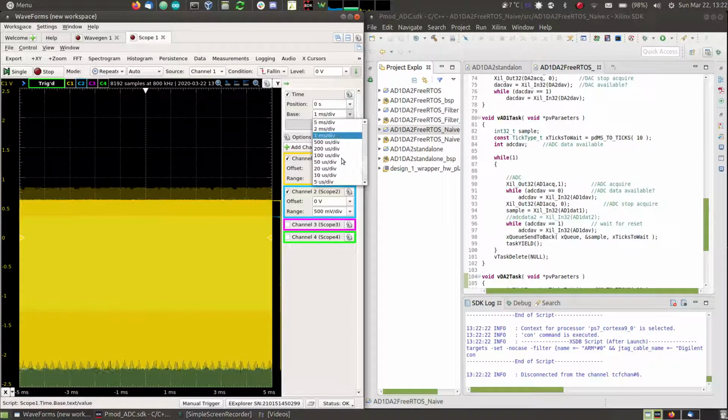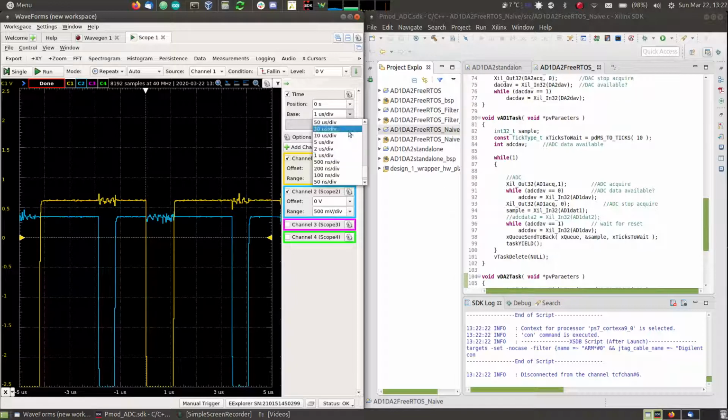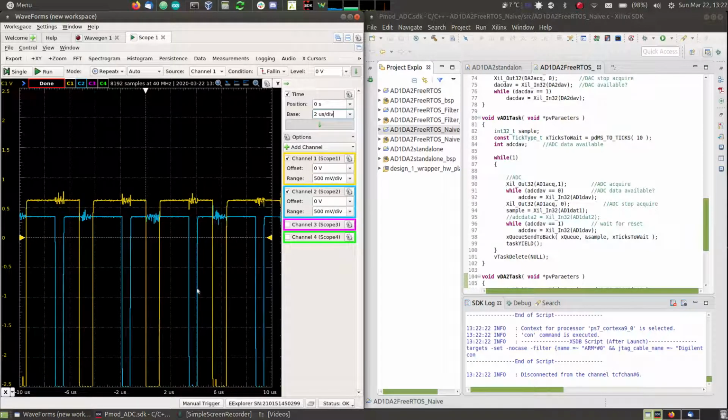And this time, the 1 microsecond division isn't enough to see a full period. So let's go to 2, and we can see that it's taking a little less than 6 microseconds. Actually, it's a little bit more than 5 microseconds.